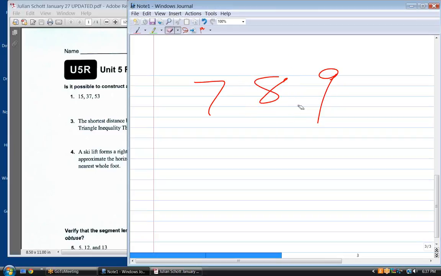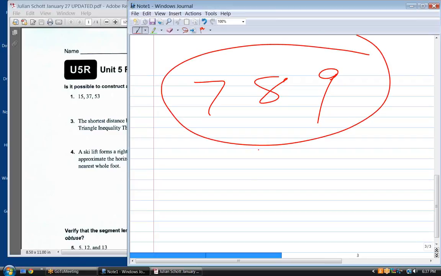Yes. Now let's look at 9. Is that less than 7 plus 8? Yes. Is it greater than 8 minus 7? Sure it is. 8 minus 7 is 1. So this is a triangle. You can make a triangle that has those three sides.